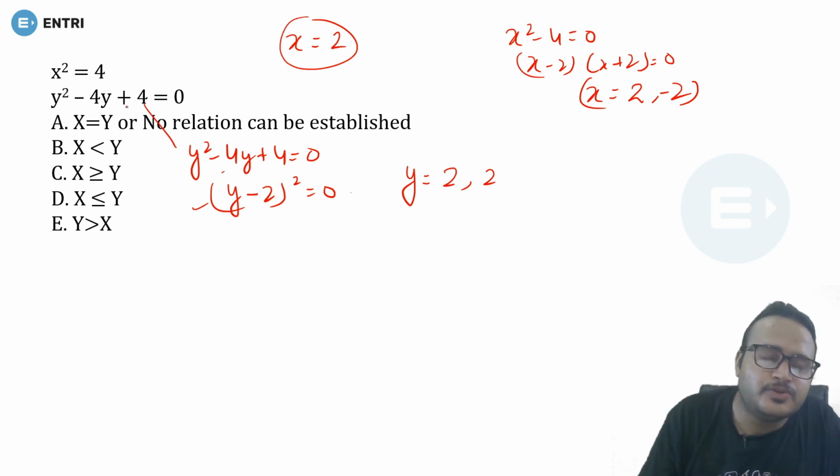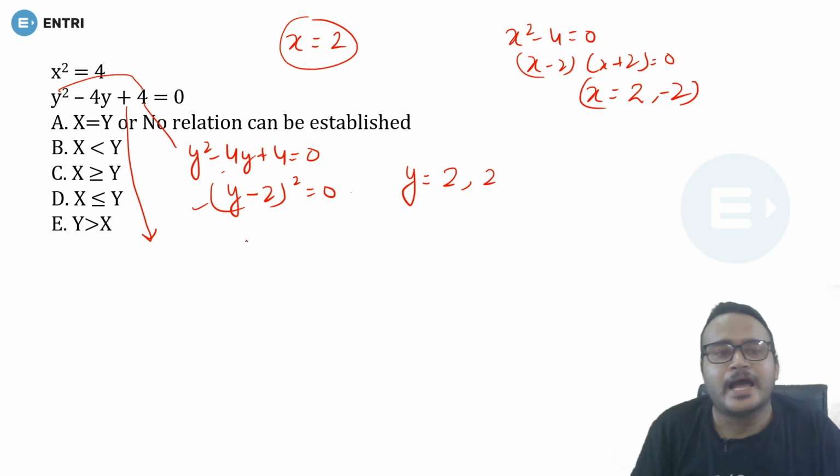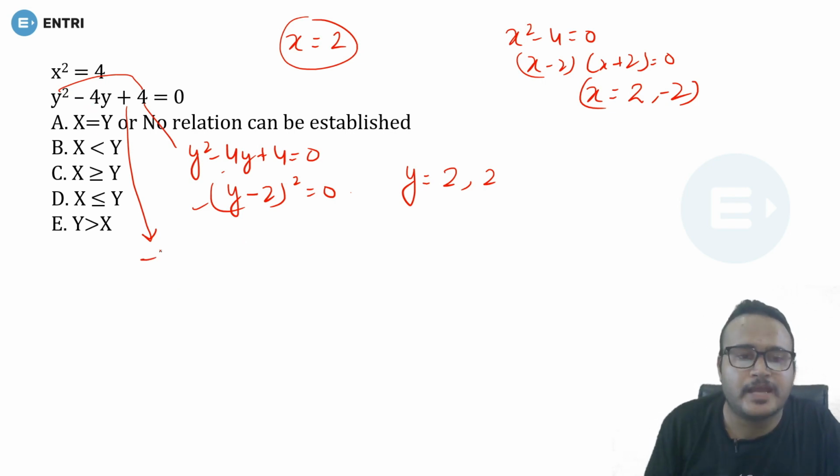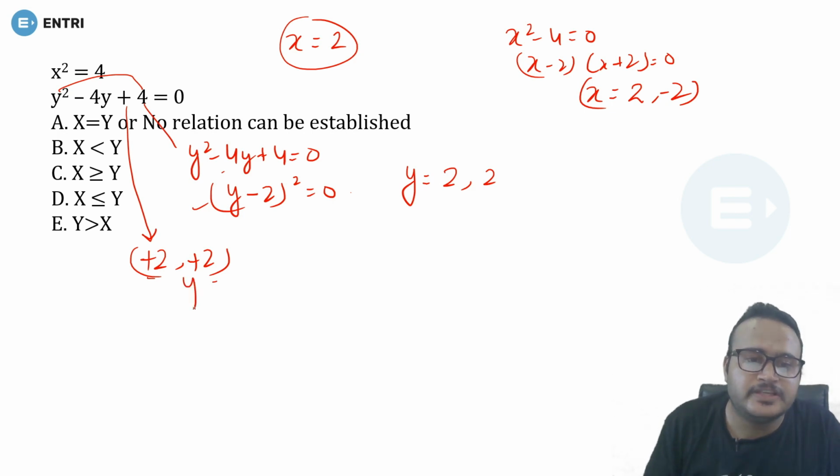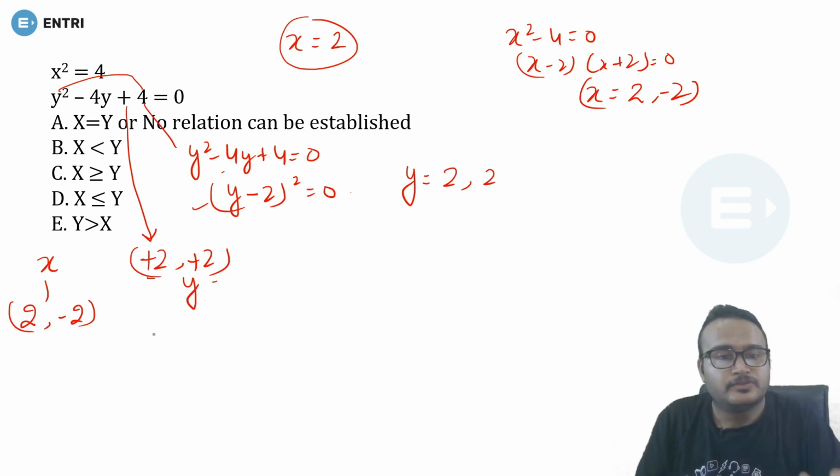Or you can solve this equation like, if we multiply the numbers, you will have plus 4, and if you add these numbers, then you will have minus 4. So you will have minus 2 and minus 2, and then we'll be changing these signs. So 2 and 2, there will be two values of y, and these are the values of x: 2 and minus 2. Okay guys, now you need to compare.